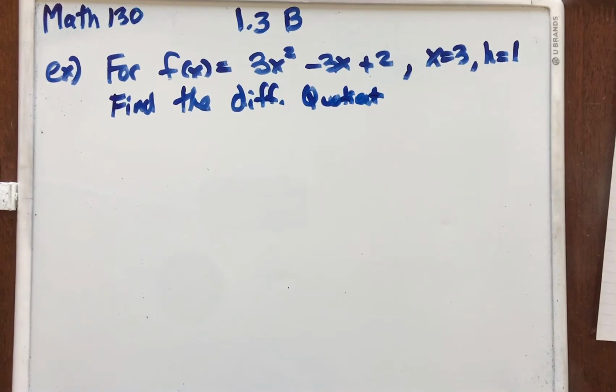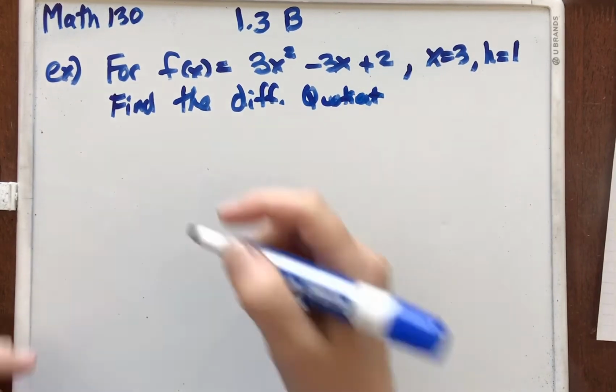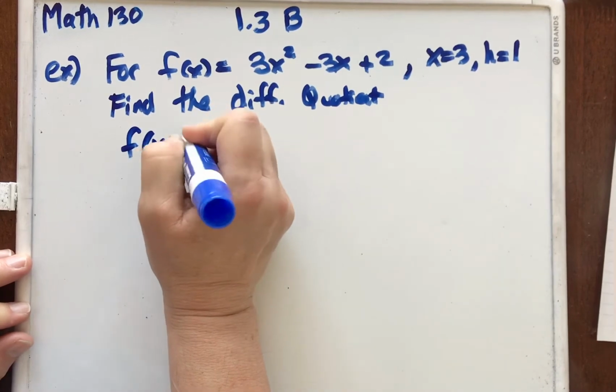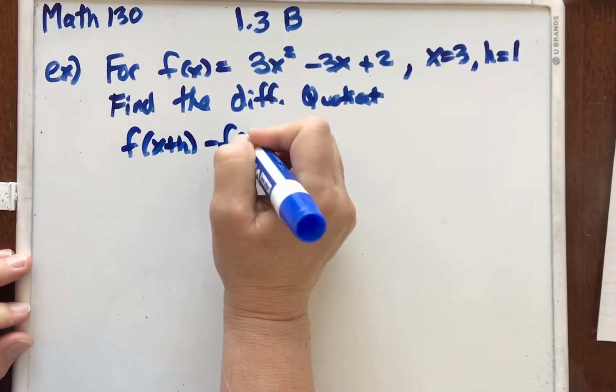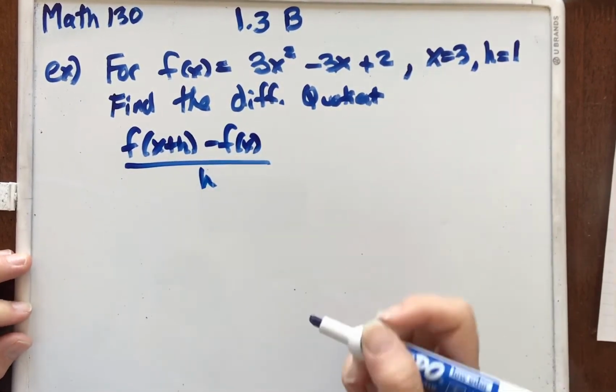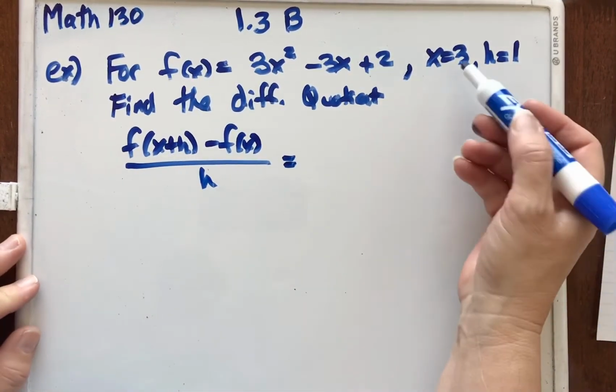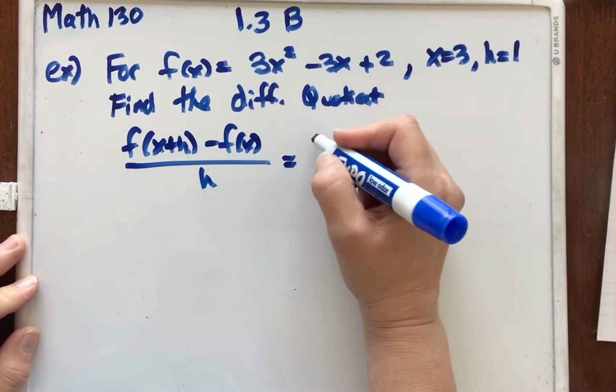Okay, so to start off, we know the difference quotient is f of x plus h minus f of x over h. The easy way with evaluating is we're just going to put those right in.